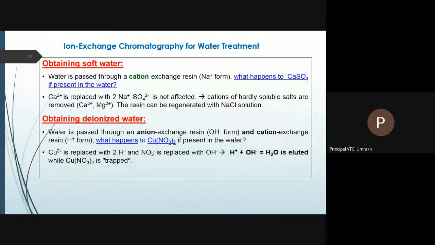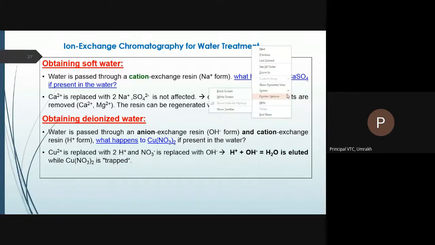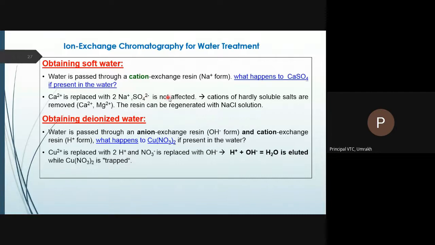For obtaining that soft water, we will be passing our ordinary water through cation exchange resin, which is in Na+ form. If CaSO4 is present in the water, the Ca2+ ion from that water will be replaced by Na+, two ions of Na+ will be replaced for Ca2+, and SO4 2- will not be affected.